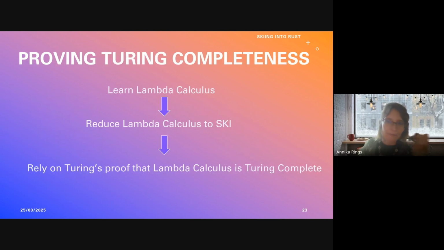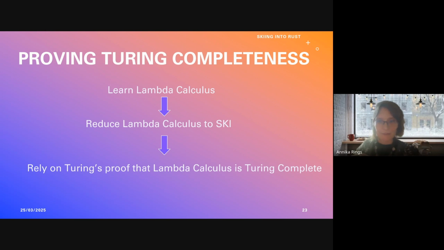So I'm not going to show how you prove that the SKI calculus is Turing complete, but I want to give you the idea of what you would do to prove it. So first, you go and learn the lambda calculus. Then you find a way to reduce the lambda calculus to the SKI calculus.